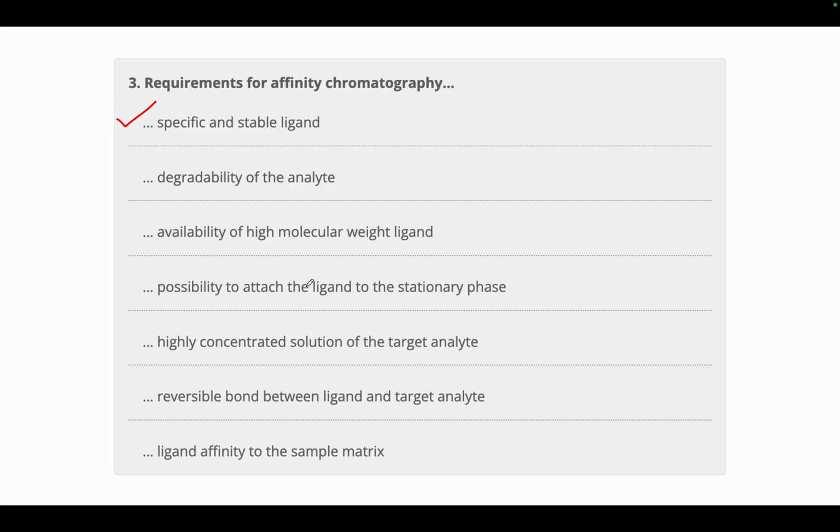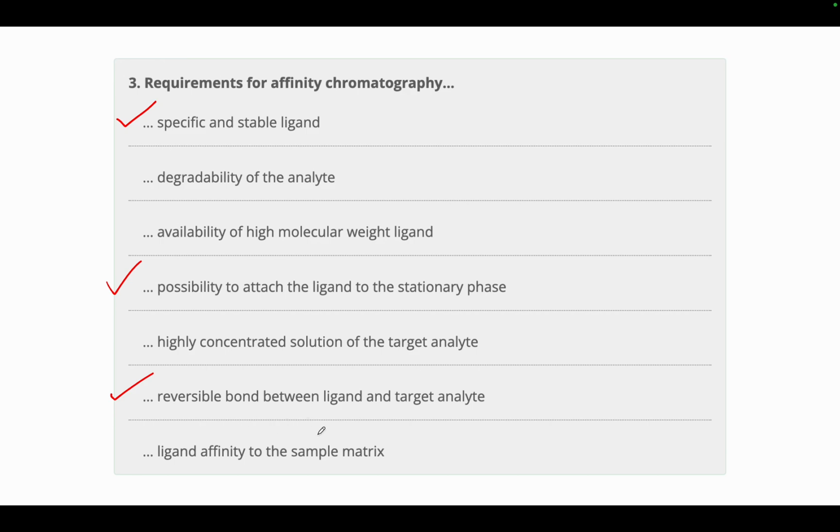Possibility to attach the ligand to the stationary phase. Yes, of course. If the ligand can't be attached to the stationary phase, then we can't use it. Highly concentrated solution of the target analyte. This is also not necessary, actually. You can have a fairly dilute solution and you will still be able to capture the protein in it. Reversible bond between the ligand and target analyte. Yes. In normal affinity chromatography, we do require the bond to be reversible so that we can elute it.